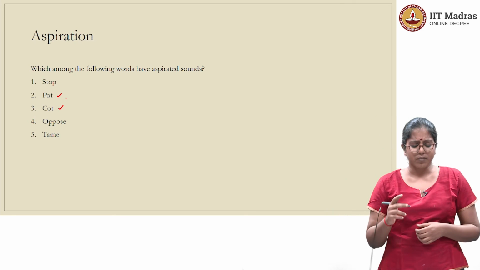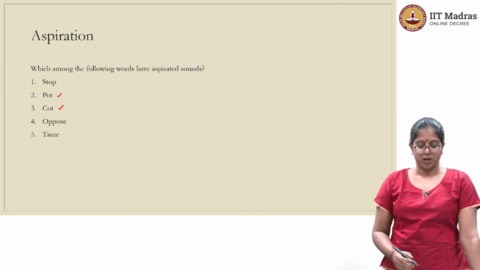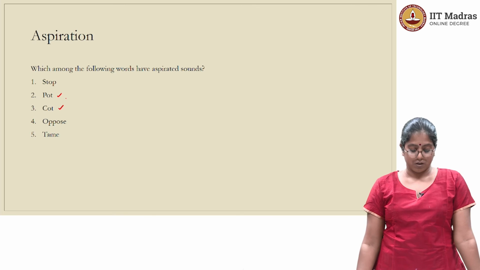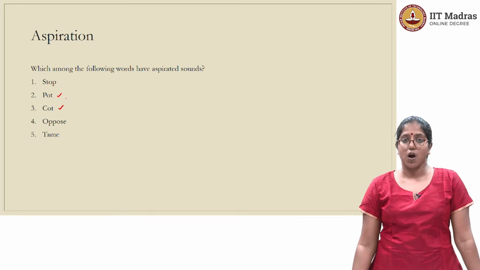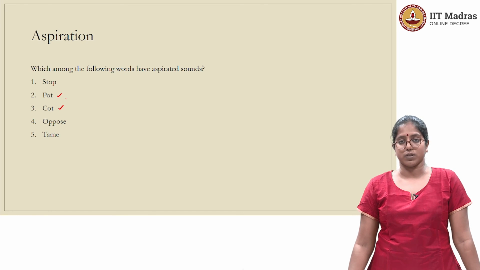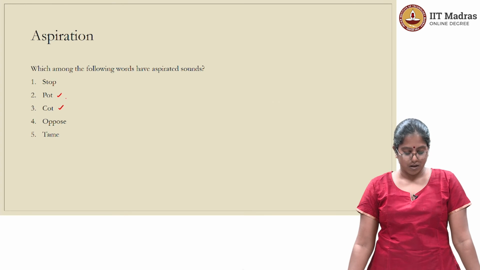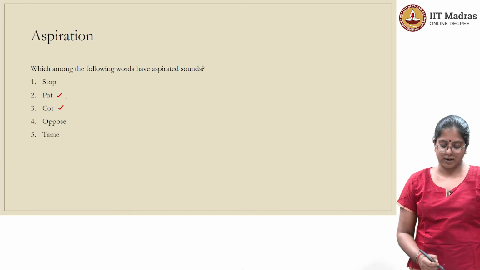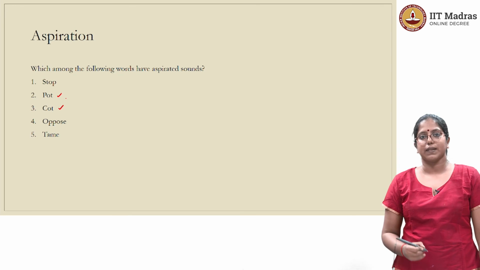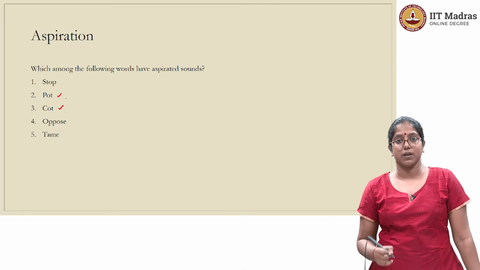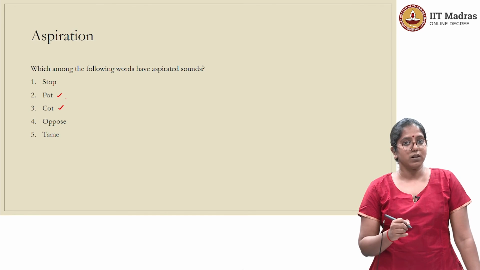Okay? Now, the fourth word is oppose. Let's syllabify that. Op and pose. Right? And if you look at it, the pa sound is at the beginning of a stressed syllable because the stress is on the second syllable.